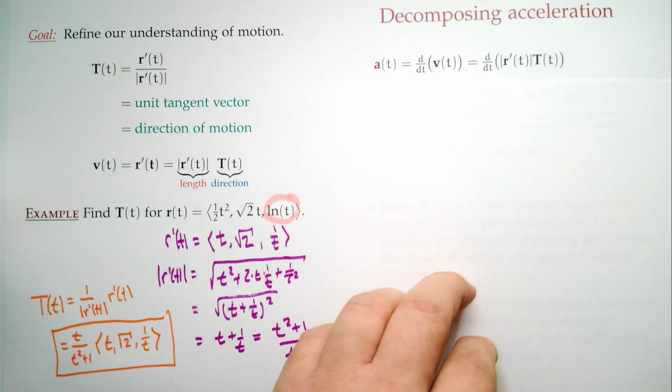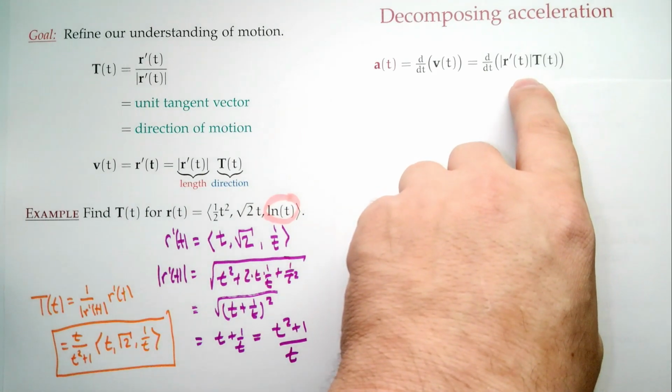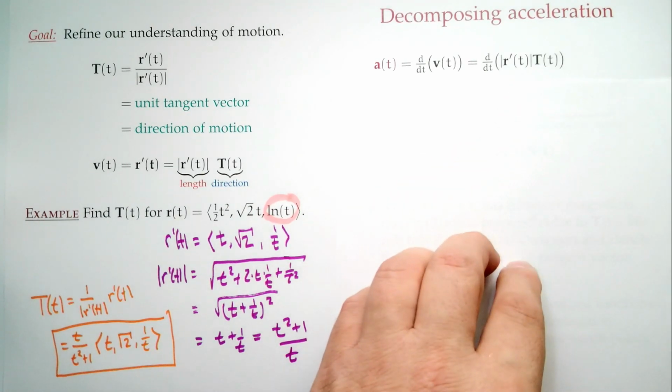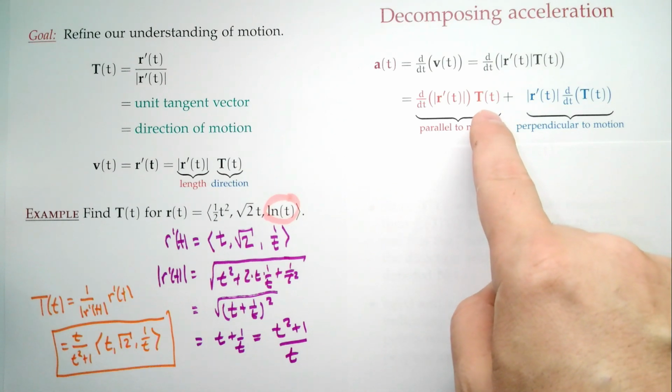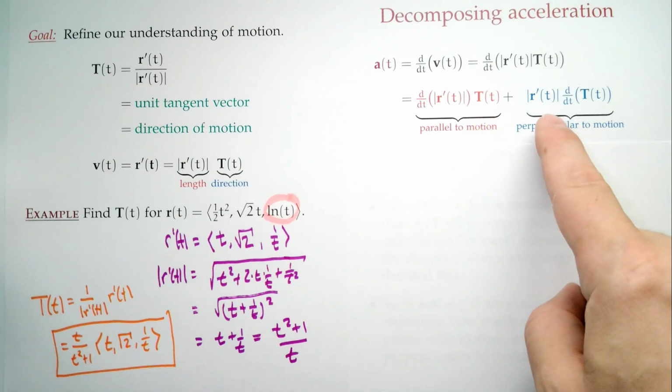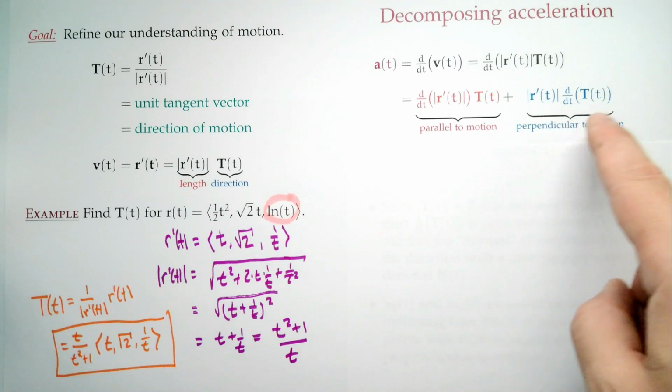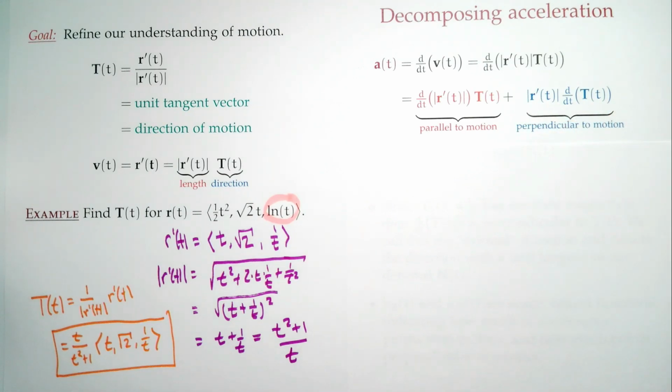Well, what rule do we need? Product rule. So if you do the product rule, you get the following. It's the derivative of the first term, which is the derivative of the magnitude, times the unit tangent vector, plus the magnitude of r prime times the derivative of the unit tangent vector.